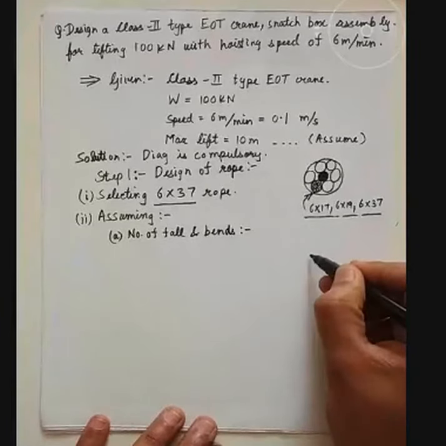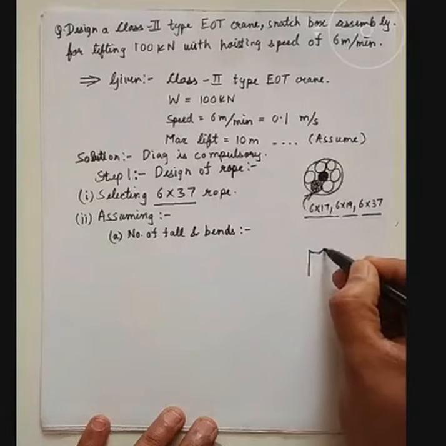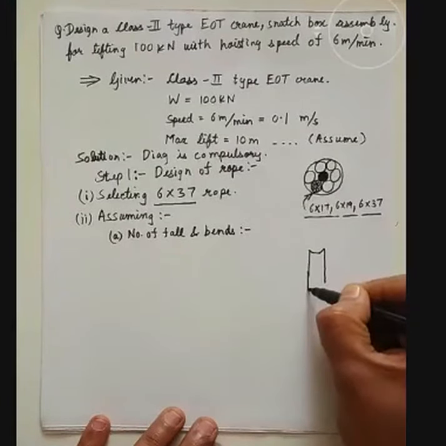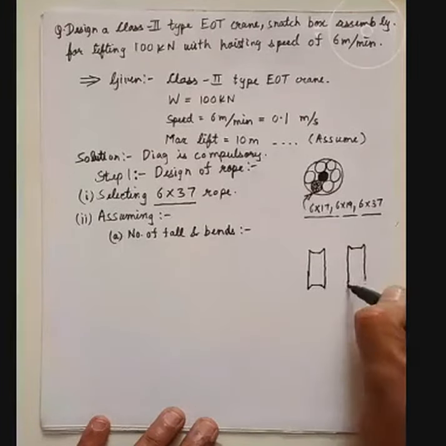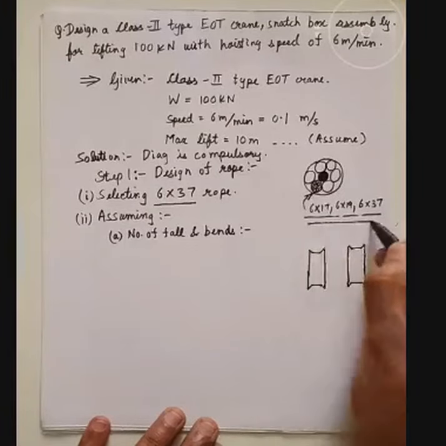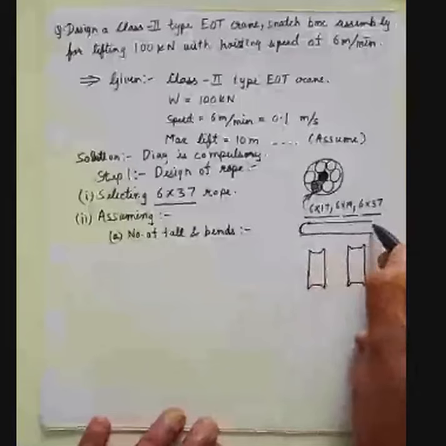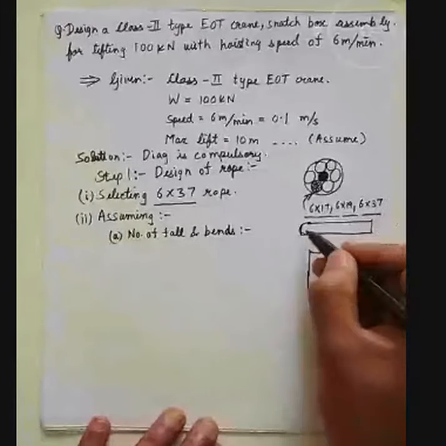For example, if you have 2 pulleys, somewhat your pulley will be looking like this. Pulley number 1, pulley number 2. It will be connected to a drum which is overhead, and this drum is connected to a motor.